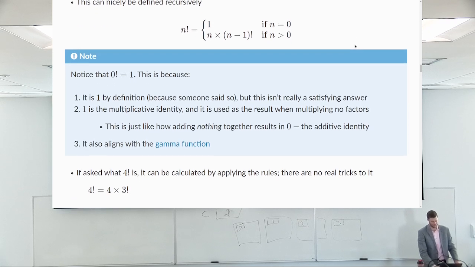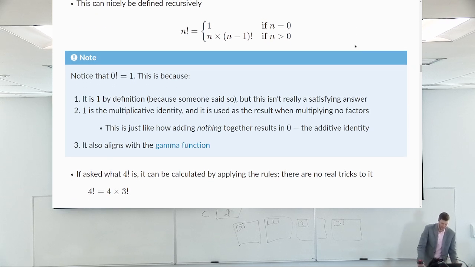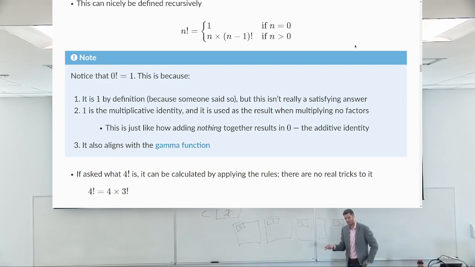Now, just as an FYI, note that 0 factorial is 1. You might think that's weird. There are a couple of reasons for that. For now, just go with me. Why is it 1? First and foremost, it is by definition, because we said so in that definition. Second, 1 is the multiplicative identity.